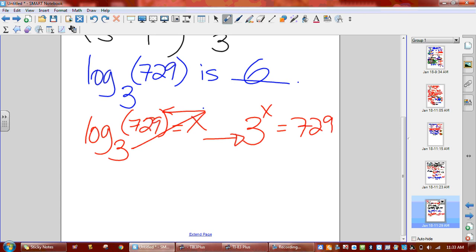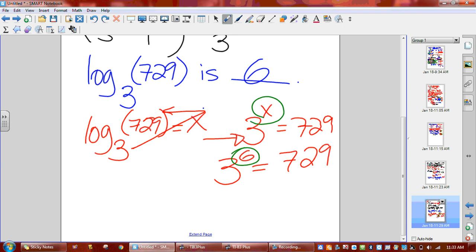So basically what we found is the exponent of 3 that equals 729. Now to check our work, we can say, okay, 3 to the 6th, is it equal to 729? Yup, we did it right. Okay, so that's how we can check our work.